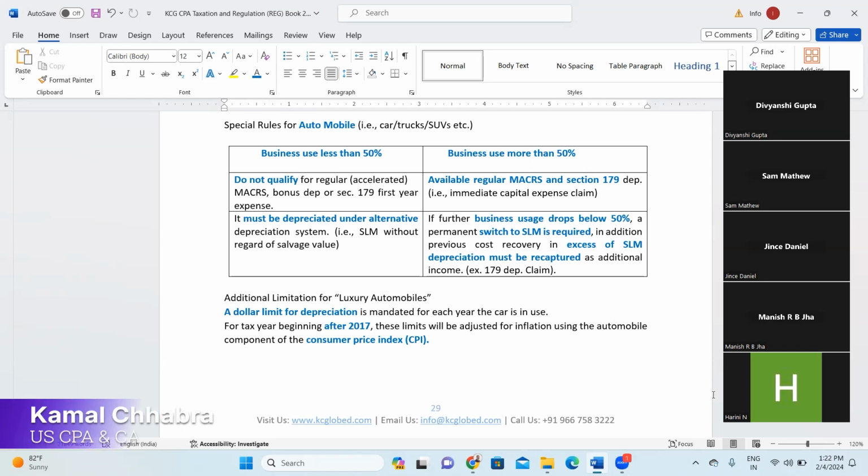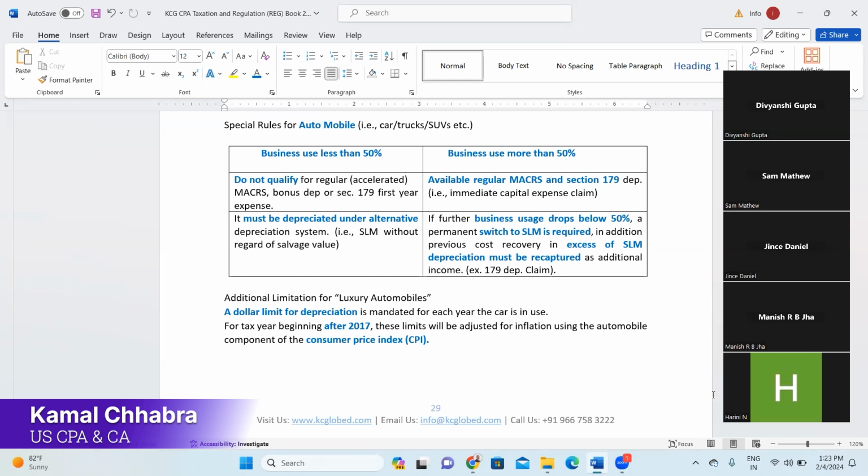How will they define whether it's a luxury or not? They are using it for business. Yes, limos are luxury. Very true. And Lamborghini or Bentley or Rolls Royce, they all come under the luxury category.